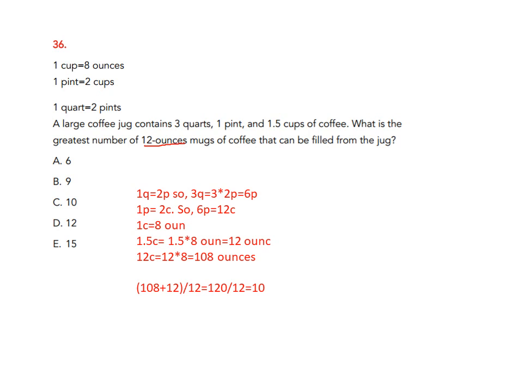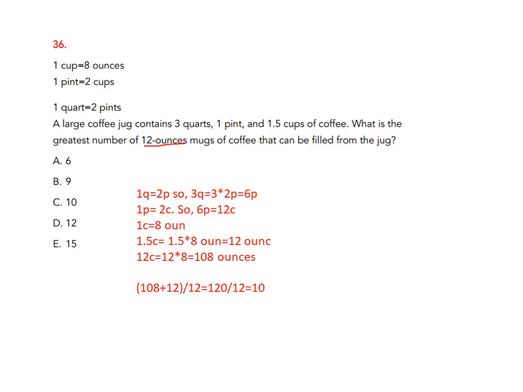Now 1 cup equal to 8 ounces from the given equation. And in the question we have 1.5 cups. So 1.5 cups equal to 1.5 multiplied by 8 ounces equal to 12 ounces. And we have the other cups, that is 12 cups.